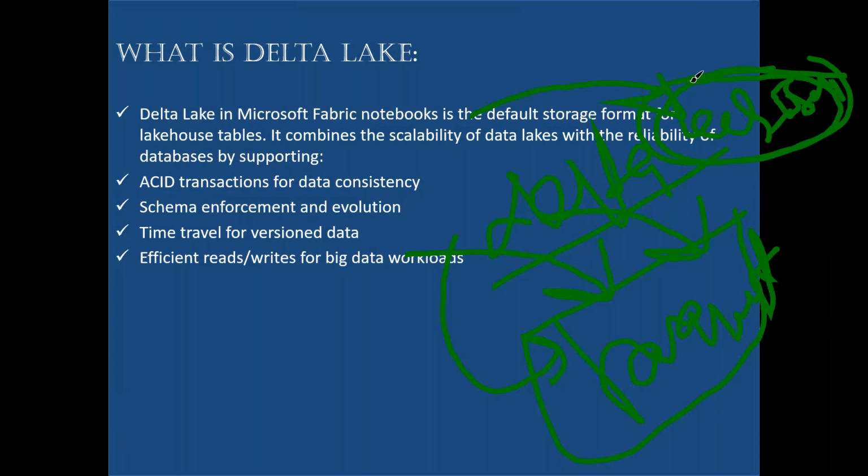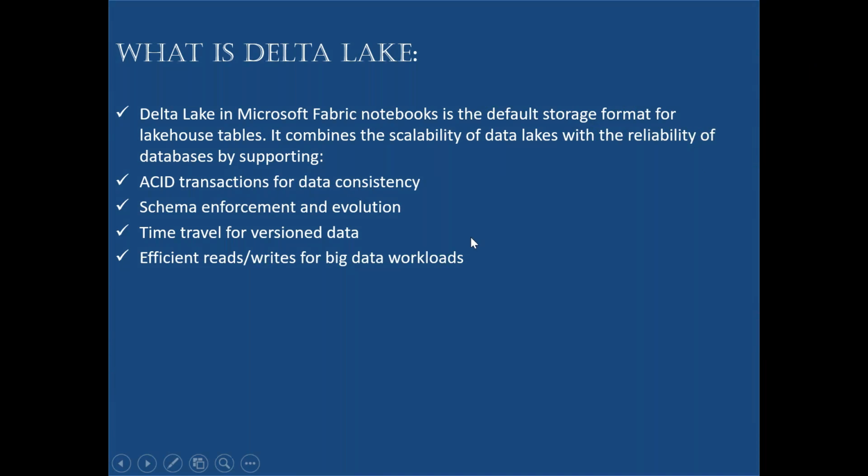We have to check in which files the 50,000 salary employees are available. Okay, parquet files 1 and 5, only these two files have employees whose salary is 50,000. So then we will give these two file details. Spark will go and read these two parquet files. Understood? That's how it makes reads and writes efficient. That is what Delta Lake is.